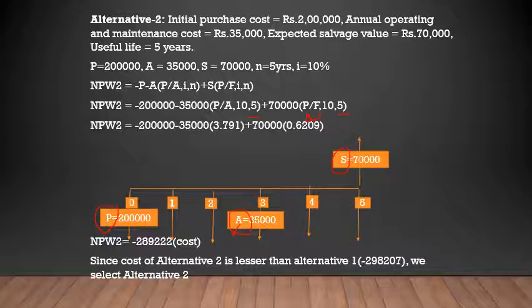That's why I prefer the second alternative. That means the second concrete mixer is preferred over the first concrete mixer. That's what you need to conclude: we select alternative 2. Again I say this last sentence will give you 1 mark. If you do not write it, you will lose 1 mark. Please remember that.